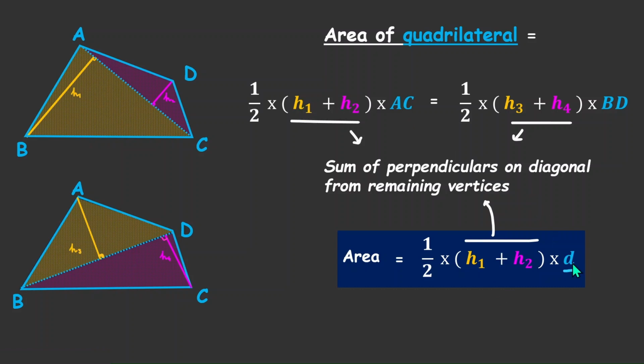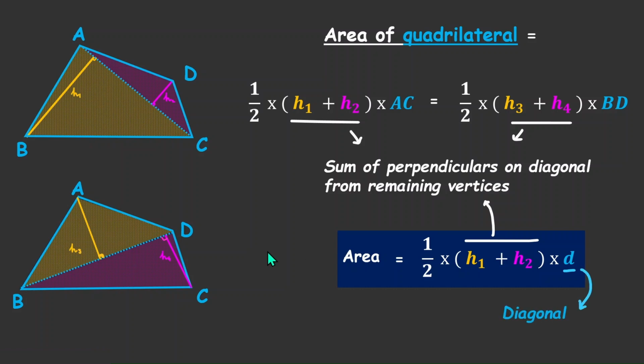Had we taken D as BD, which is this diagonal, then this H1 plus H2 would be the perpendiculars dropped from the remaining vertices, so it would have been H3 plus H4. And so this is our general formula for the area of a quadrilateral, where D is a diagonal.